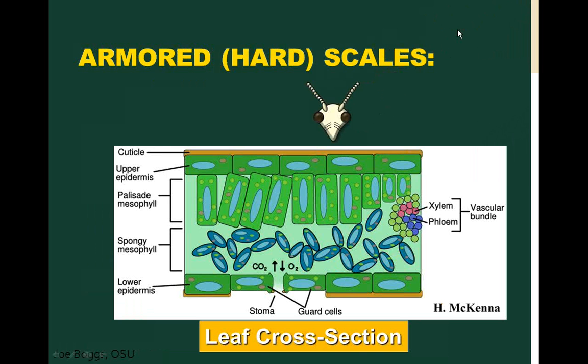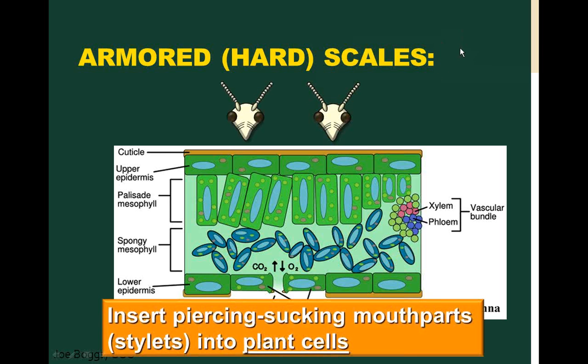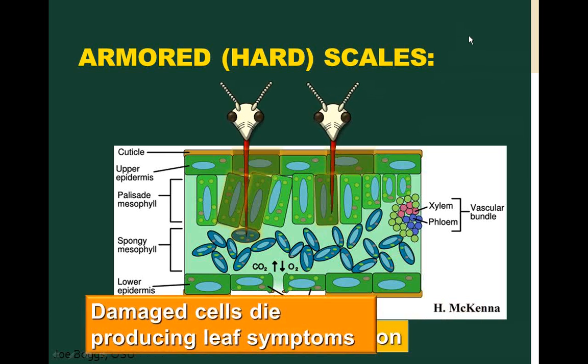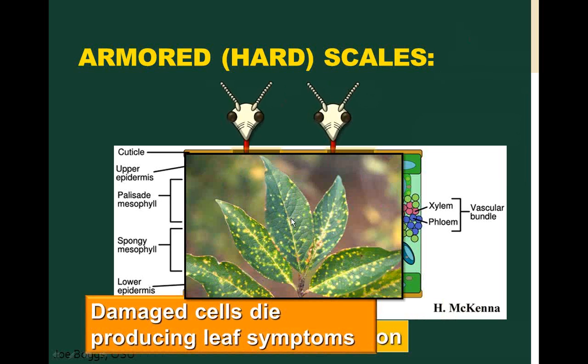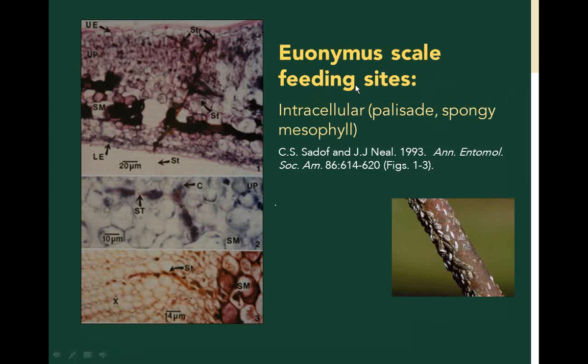Now the other case, we've got the armored scales, and they do similar feeding but in a different location. Again, they've got those stylets that go down, and they feed within the palisade cells and the spongy mesophyll, and they're feeding on the plant parts, and what they'll do is create a necrotic or a little chlorotic region right where they're doing their feeding. Here's an example of euonymus scale. Now there are two types of euonymus scale.